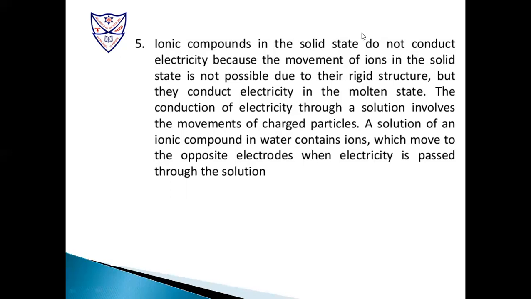The conduction of electricity through a solution involves the movement of charged particles. What is there inside the water then? If I take a salt in the water, that salt, in the form of sodium chloride, when dissolved in the water, is in the form of ions. Which ions? Cation and anion. Cation is positive charge and anion is negative charge.